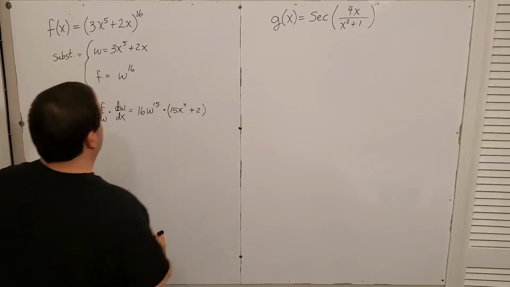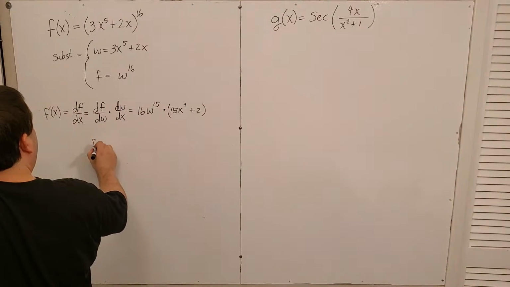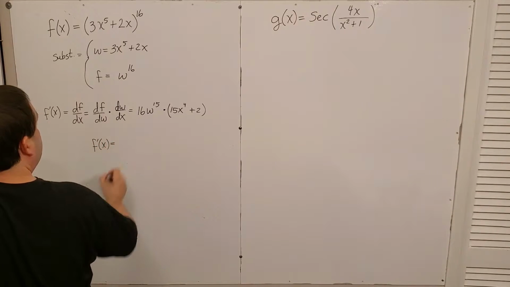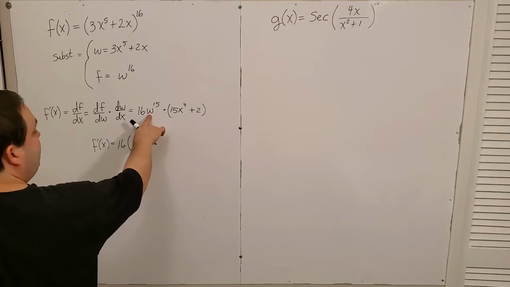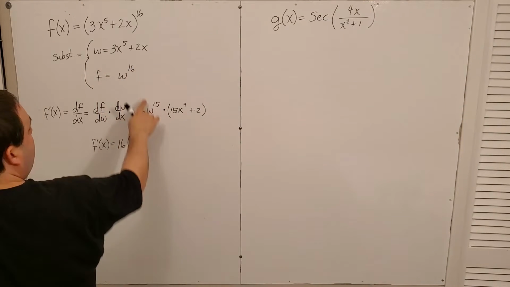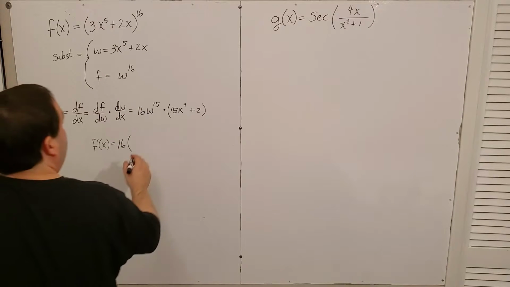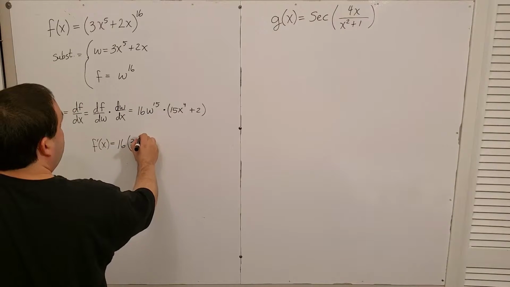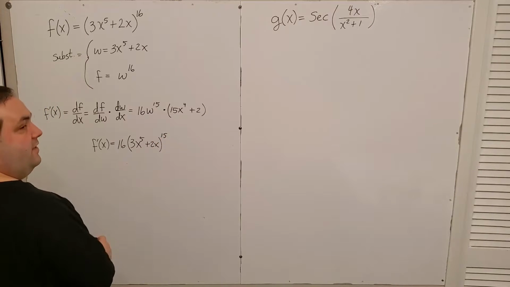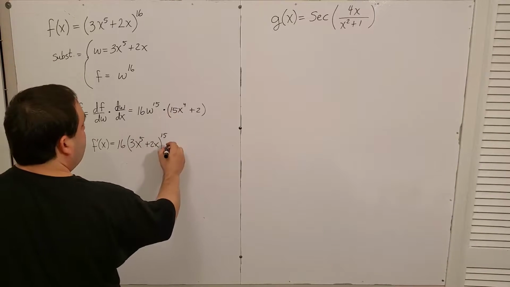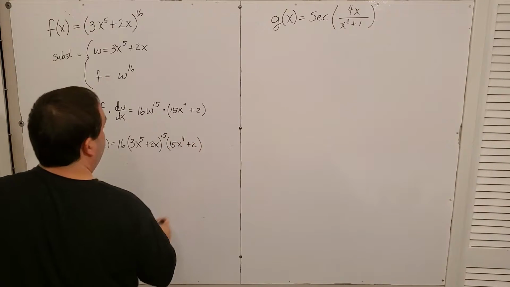Okay, so now let's finish it up. I have f prime of x is equal to 16 times, what is w, right? I want everything in terms of x, so I bring back in what w is. 3x to the 5th plus 2x, all raised to the 15th power, times this derivative here, 15x to the 4th plus 2.